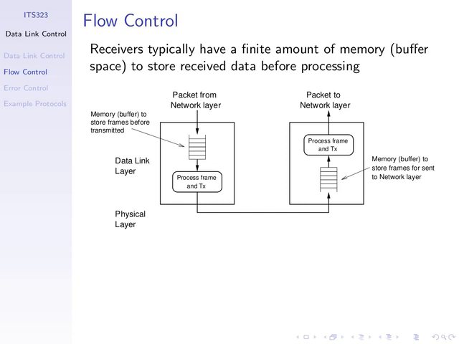In particular, if the speed of the receiver is quite slow at processing this data, then it may happen that we've got the memory full at the receiver. We're currently storing 3 frames or 300 bits. The maximum size is 300 bits. What happens if we transmit more data? We transmit frame 4. What happens at the receiver?